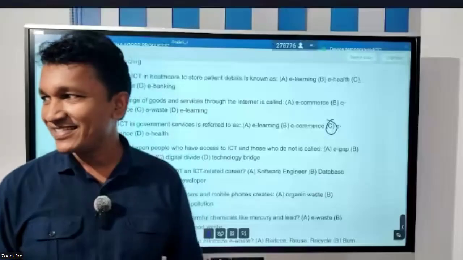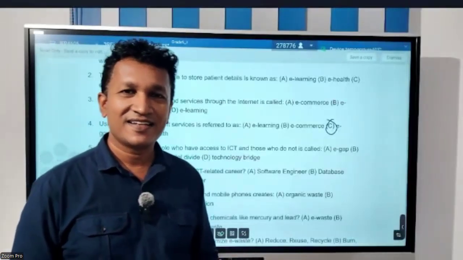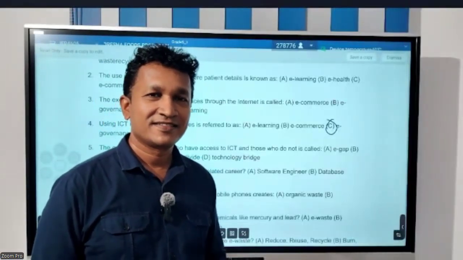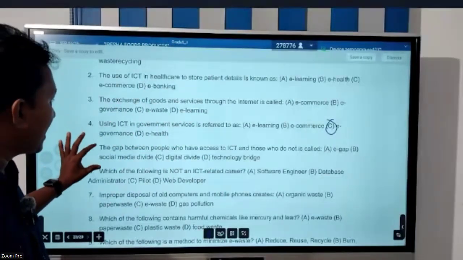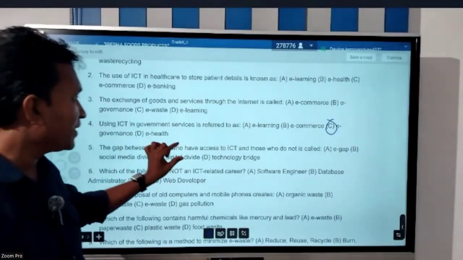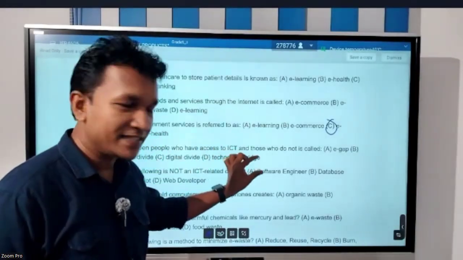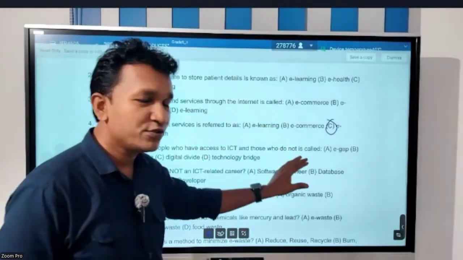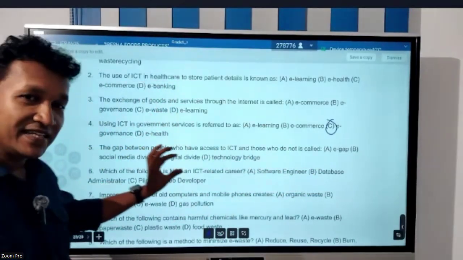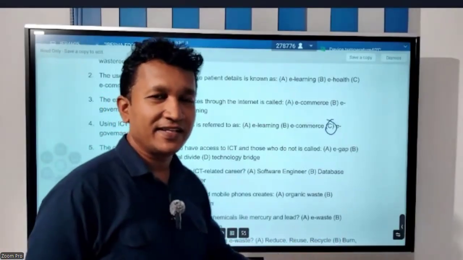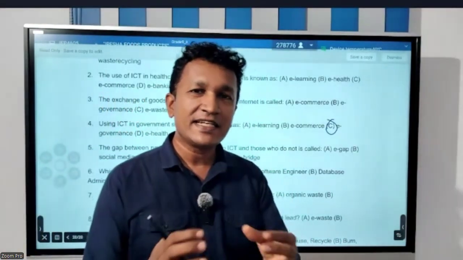Yes, others? Sandeepa, Dinara? The gap between people who have access to ICT and those who do not is called, yes, digital divide. So that means digitally divided.